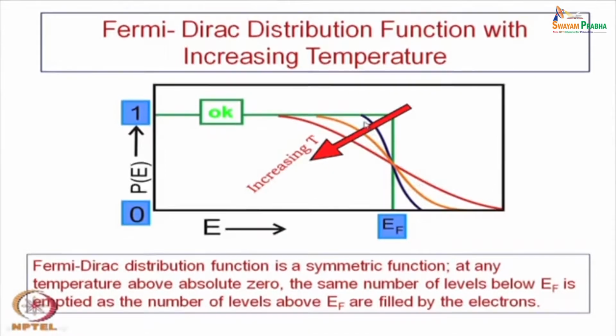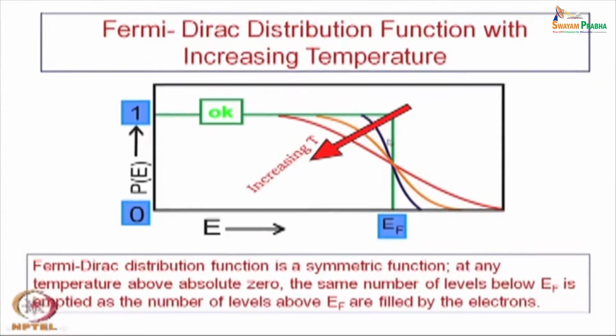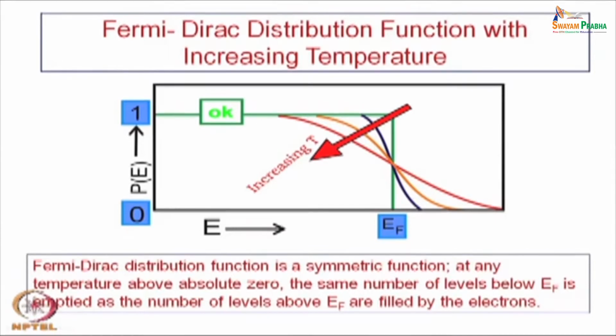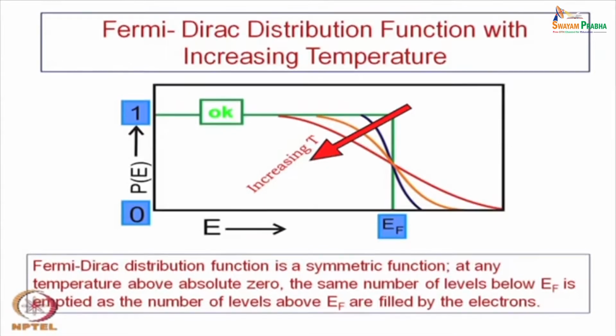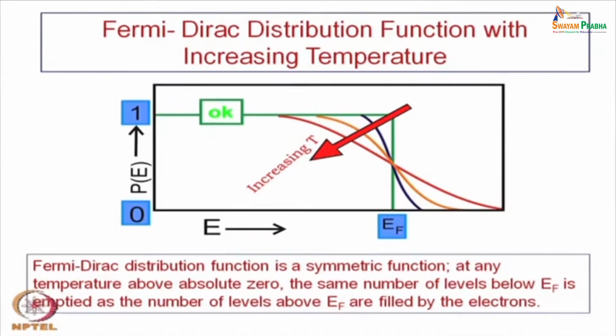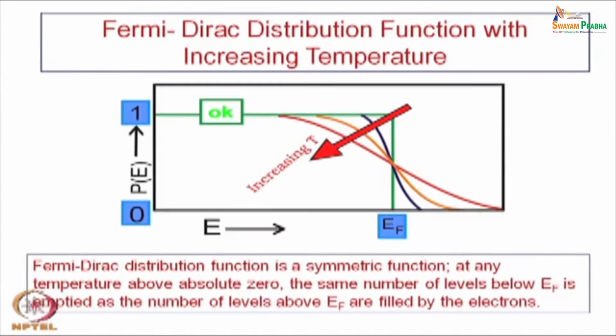So it also means that this area under the curve is actually proportional to the volume or the total number of electrons which will acquire additional energy and go to the higher energy level.